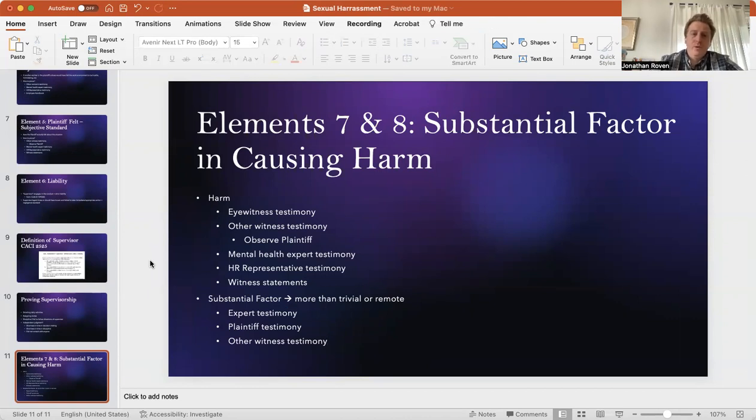So we ask the experts, what do you believe caused Miss So-and-so's major depressive disorder, generalized anxiety disorder, post-traumatic stress disorder? They go into it and say, I believe these incidents in the workplace caused it.